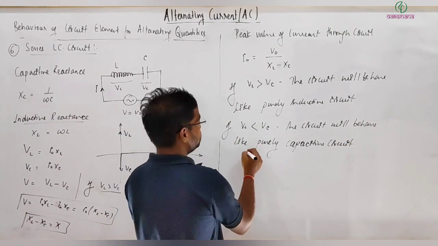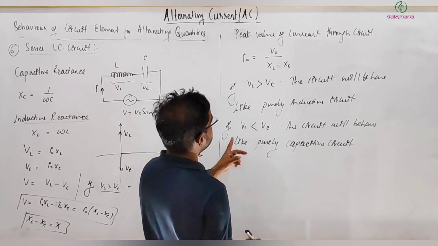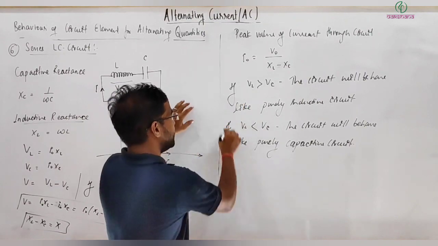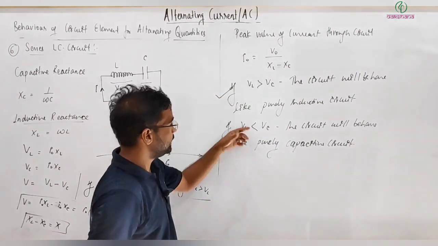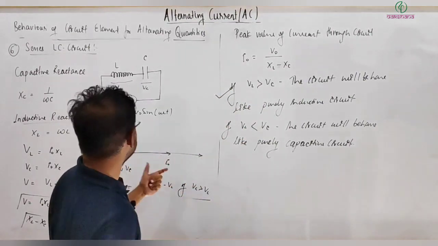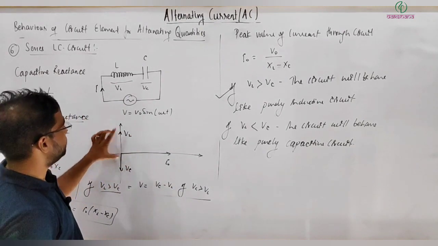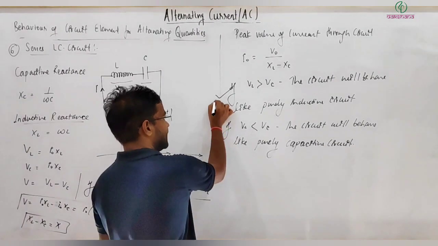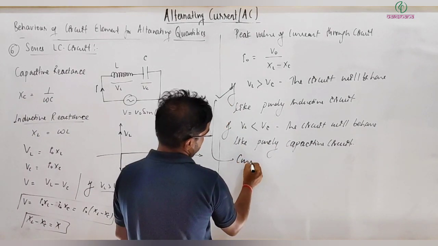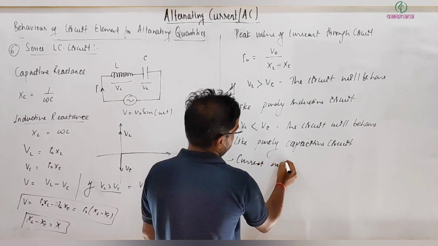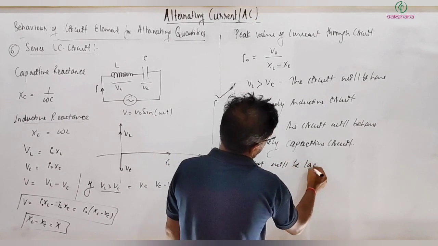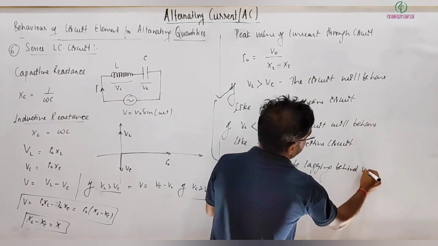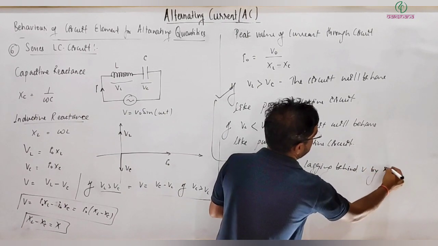Now I can write VL minus VC. So if this condition is taken, it will be like inductive. In case of inductive, this net EMF will be across this, and so current will be lagging behind V by pi by two.